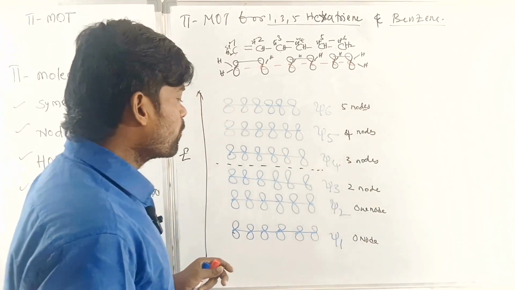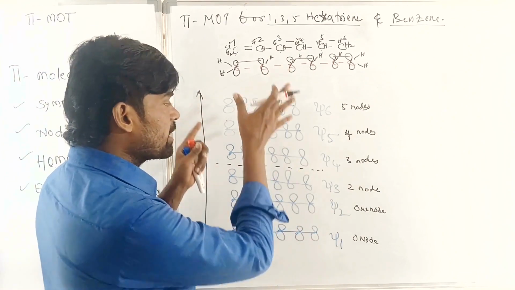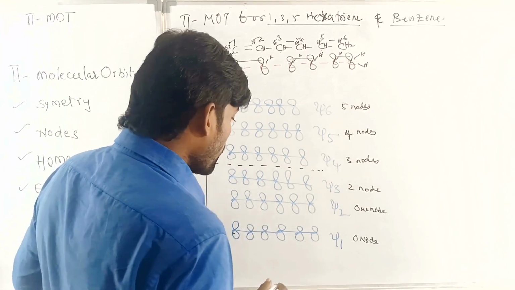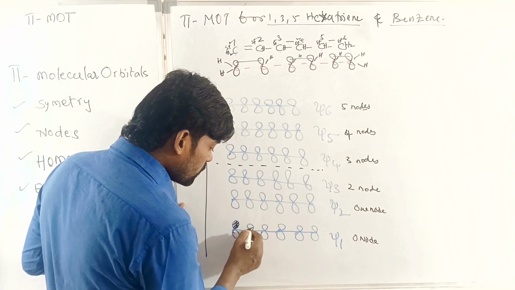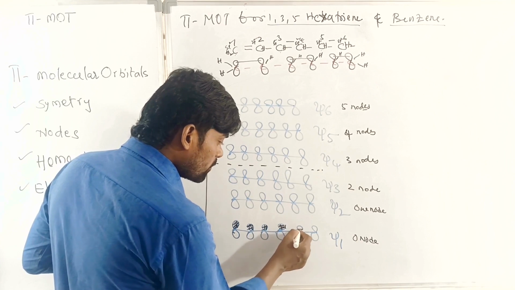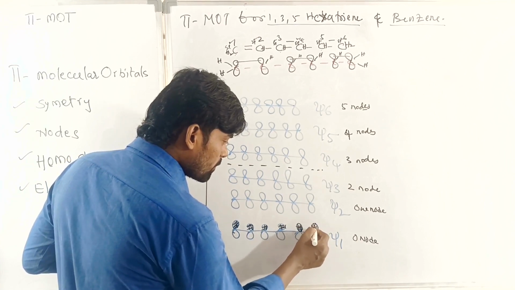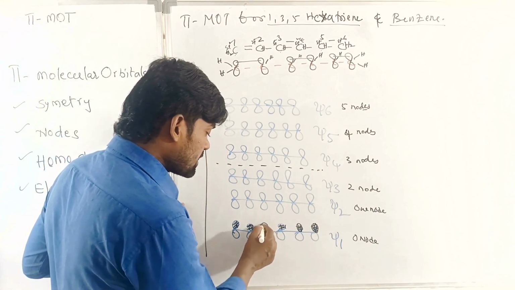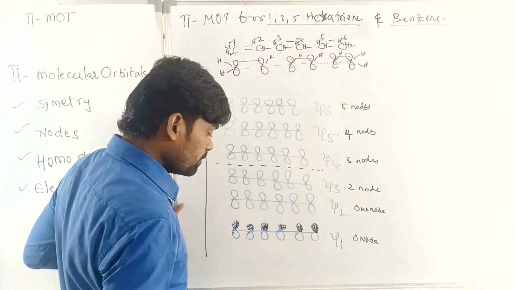If we can differentiate with these nodes, we can easily understand the molecular orbital theory for pi molecular orbitals. 0 nodes means all are on the same side, positive. Psi1 always has 0 nodes. So this is the Psi1 molecular orbital of 1,3,5 hexatriene.